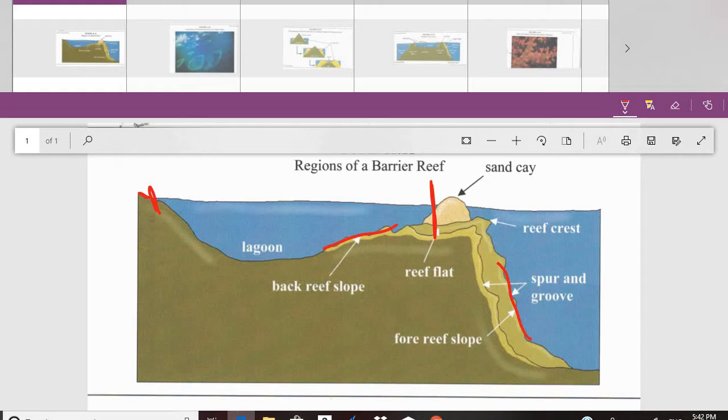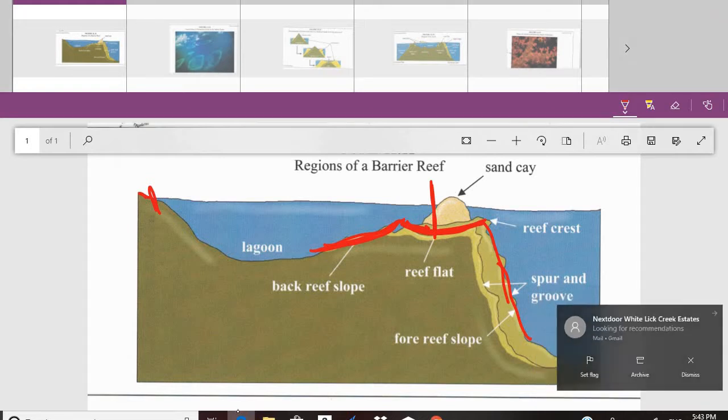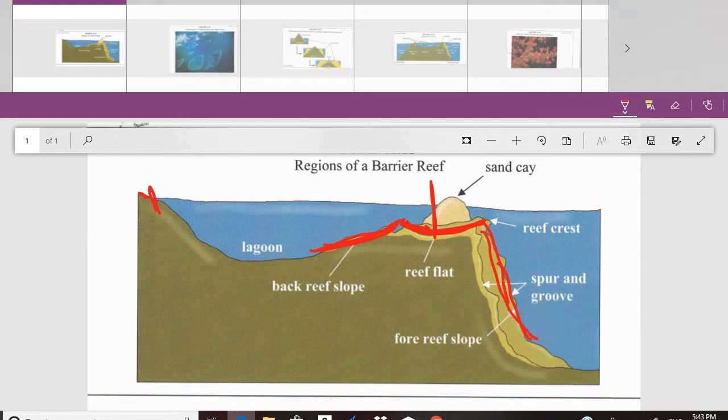So the back reef slope is the part that slopes up from the lagoon, up to the reef flat. Okay, so this area here is called the reef flat. So the back part slopes up, then you have the flat, and then sloping down, you would have the front reef slope, or the fore reef slope.